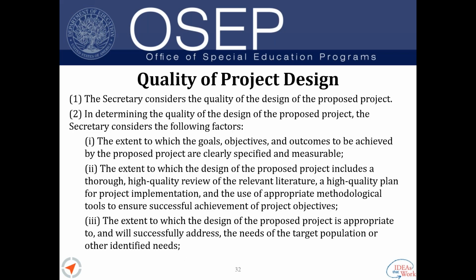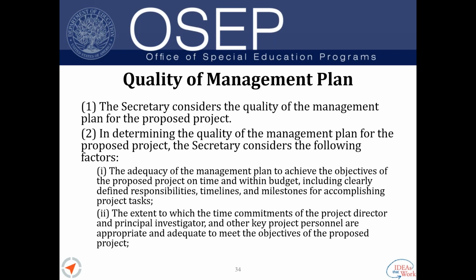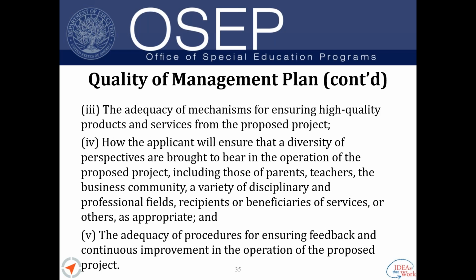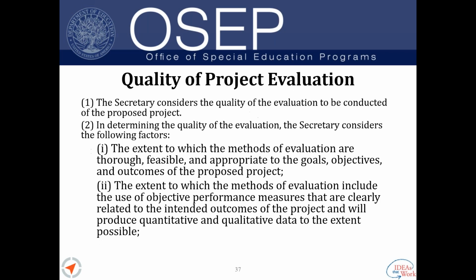The quality of the project design is worth 20 points, and its following sub-criteria. Here, quality of management plan is worth 20 points, and its sub-criteria. Adequacy of resources is worth 10 points. Project evaluation is worth 15 points.